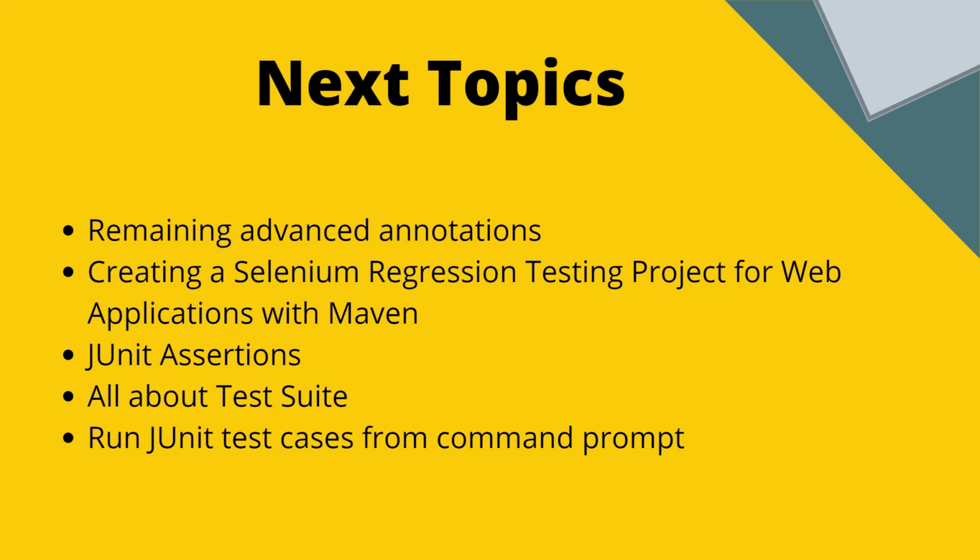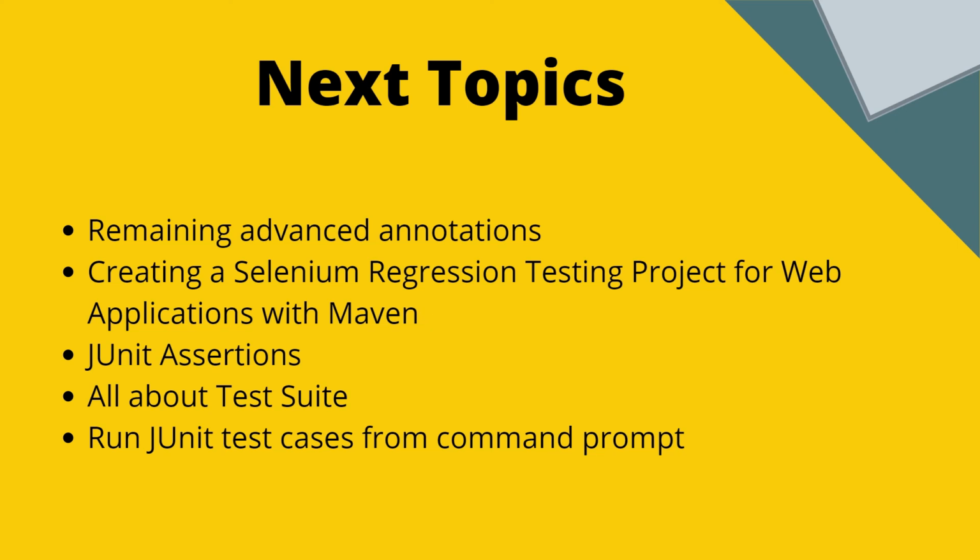In the next series of videos, we will be discussing the remaining advanced annotations. Here in this video, we just discussed basic annotations. We have multiple remaining advanced annotations, which we will take in another video. I will also show you how to create a Selenium regression testing project for web-based applications using Maven.